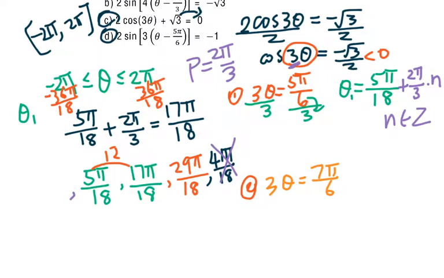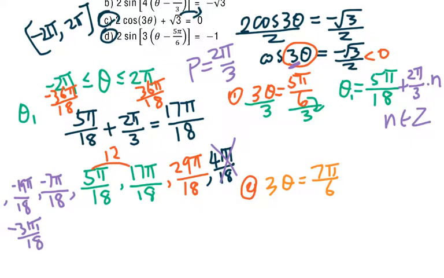Now we go here, keep subtracting 12. So I get negative 7 pi over 18. Then minus 12 again, it will be negative 19 pi over 18. Then minus 12 again, it will be negative 31 pi over 18.